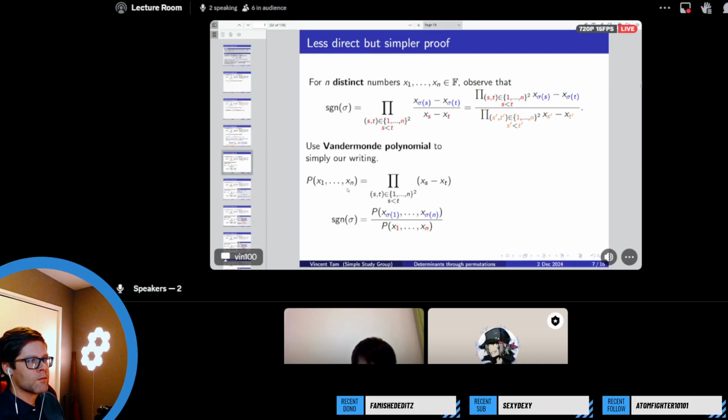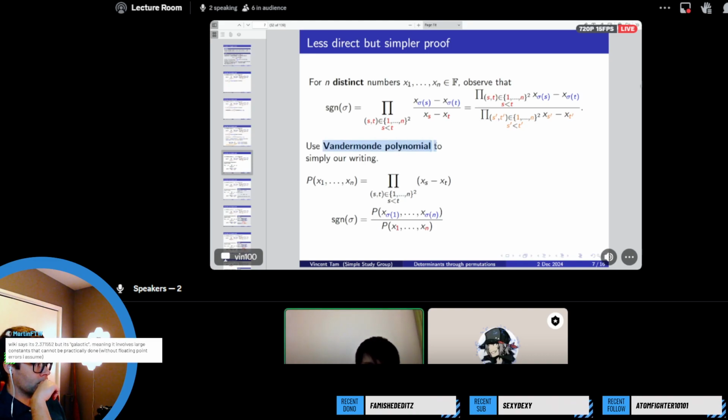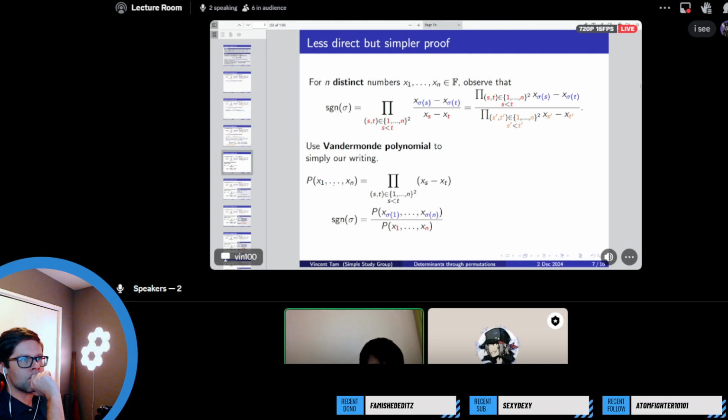And then actually on wiki you will see that there's a term called the Vandermonde polynomial, and this can simplify our writing. Basically it's just a collection of factors, picking any two numbers according to the order of appearance here, and then you put the former number minus the later number.